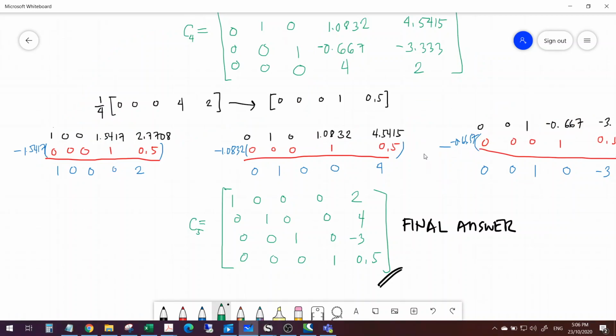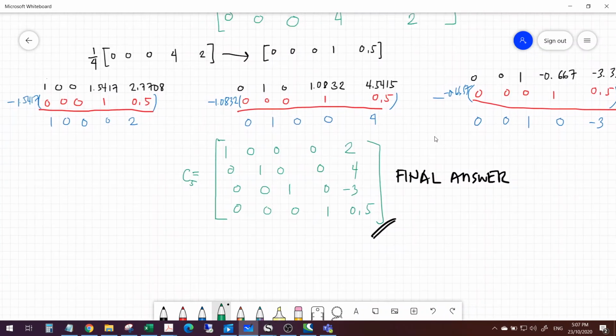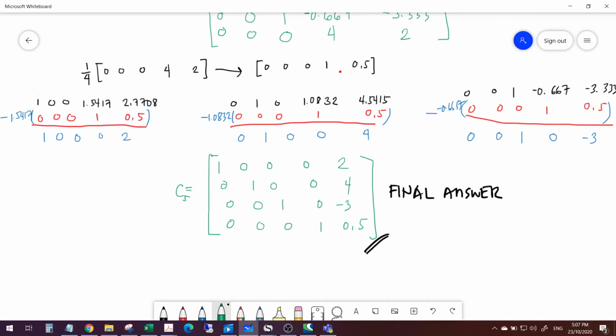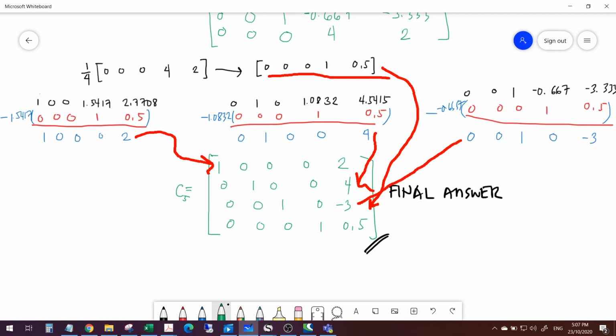And then combine all these rows into a matrix. So again, this is our fourth row. That's it. This is our first row. That's it. This is the second row. That's it. And then finally, this is the third row. That's it. Okay, so you now have the final answer already.